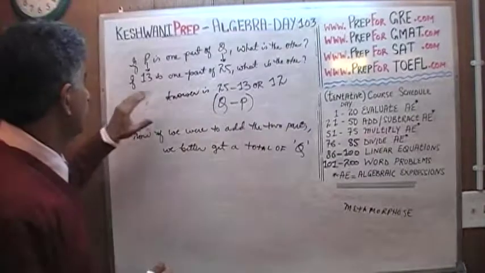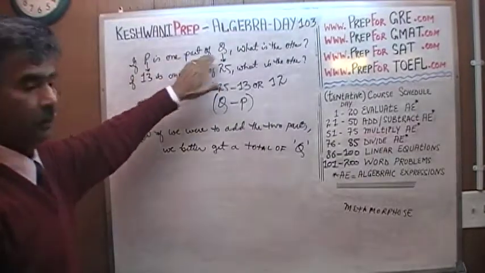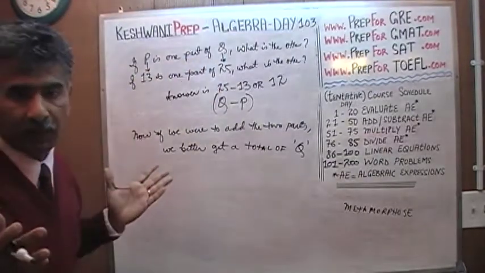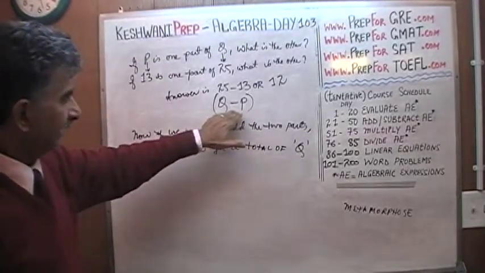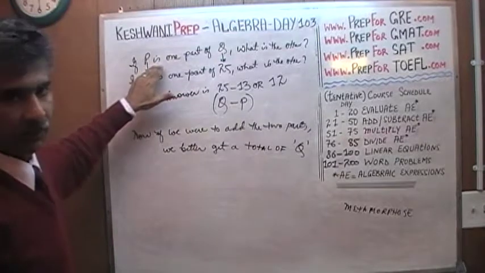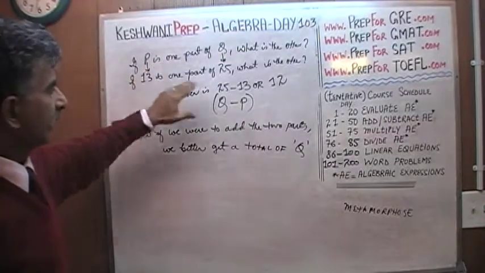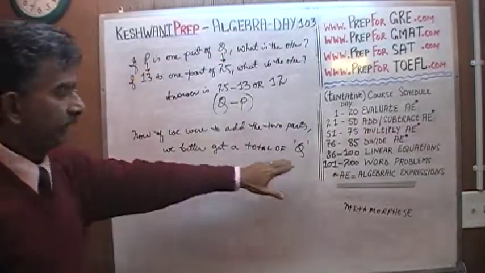We were told that P is one part of Q. What's the other part? The other part we are saying is Q minus P. So if you were to add up the second part that we just found and the first part that we were given, we better get a total of Q.